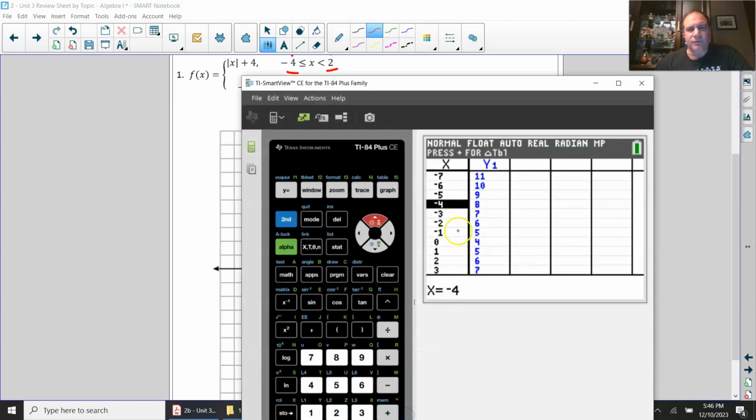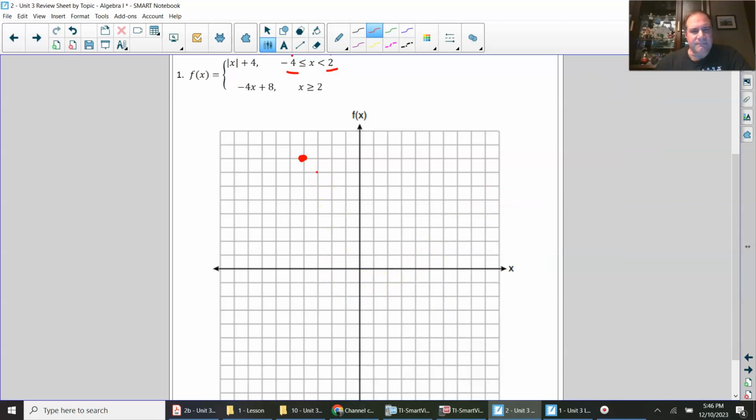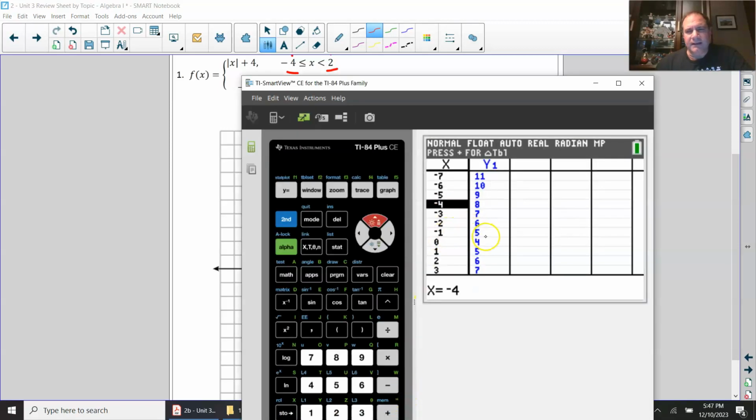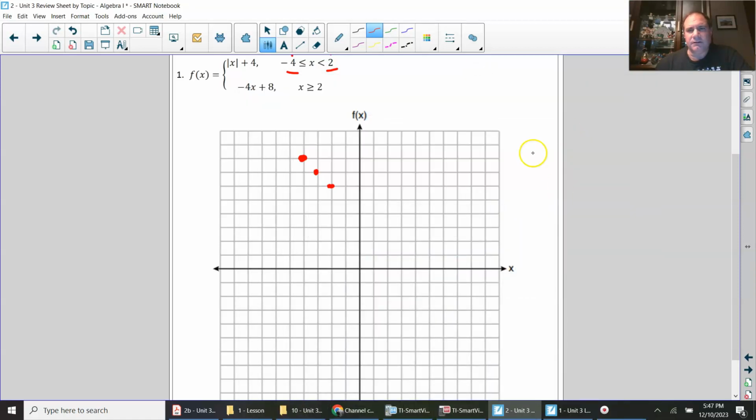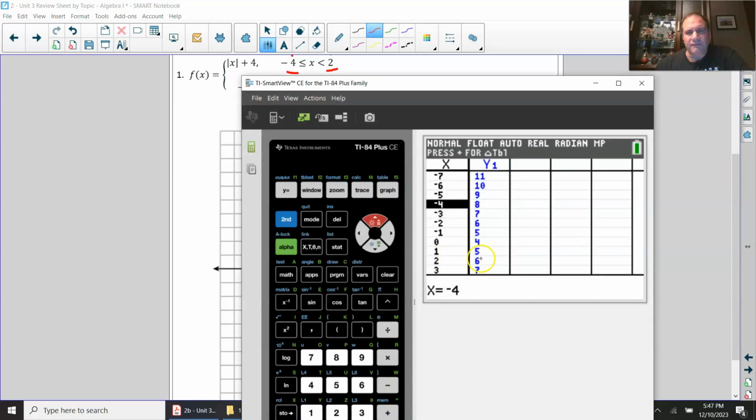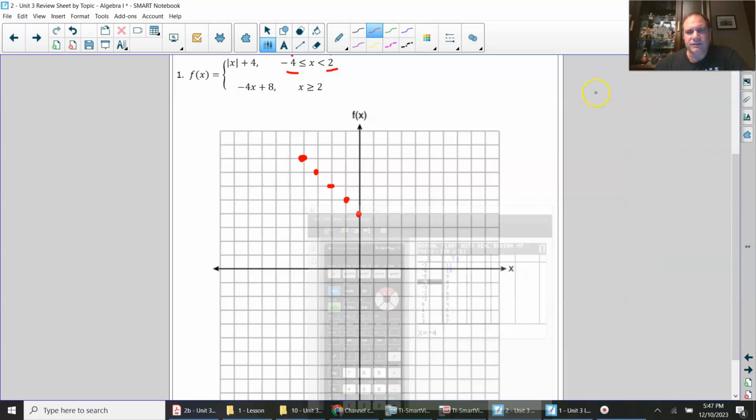Then the next point would be -3, 7, -2, 6, -1, 5, 0, 4, almost there, 1, 5, and 2, 6.